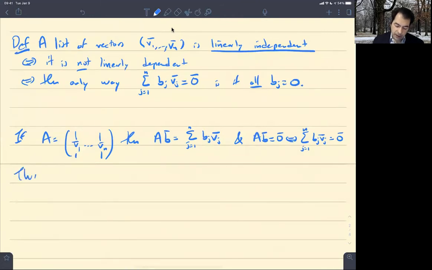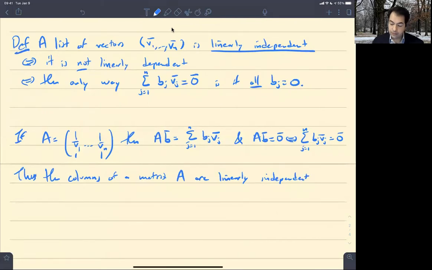So we can now translate this. The columns of a matrix A are linearly independent. Okay, so let's see. The columns are linearly independent if the only way you can make a linear combination of them and get 0 is if all of the coefficients are 0.